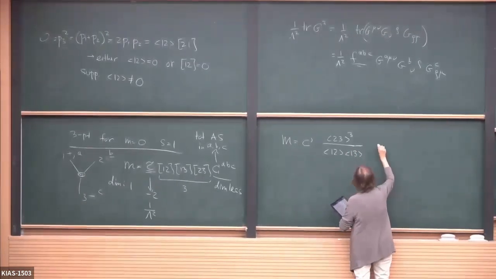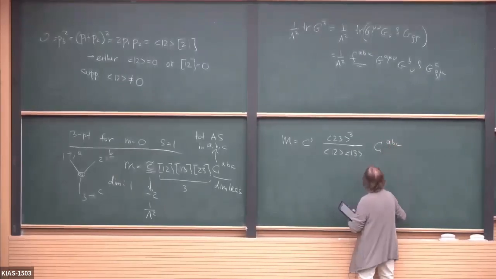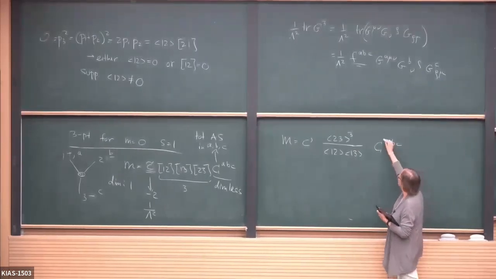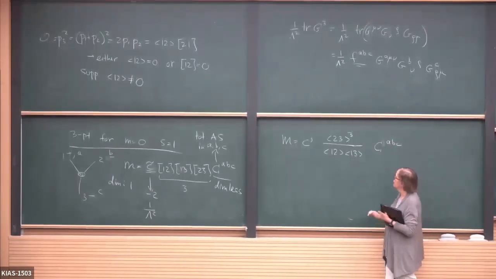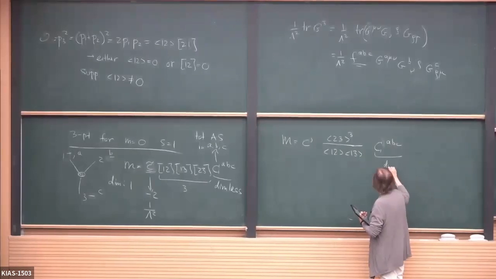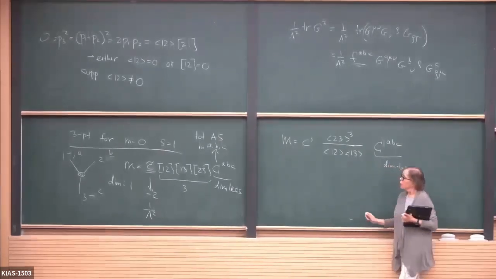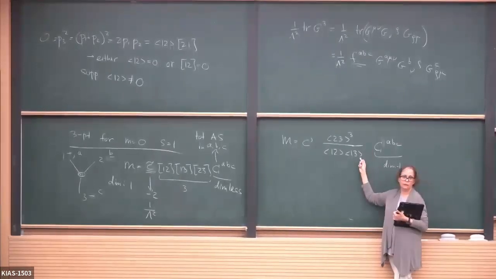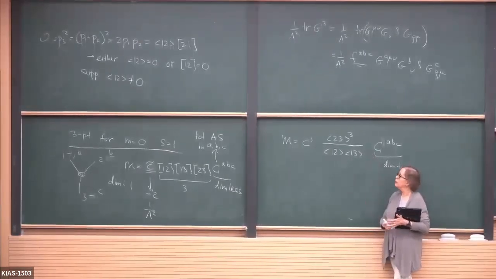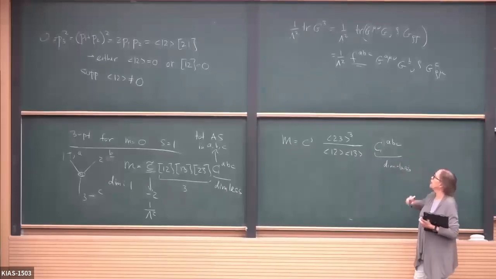Let me call this again C^{ABC}, although in principle I could have called it with a prime, but never mind that. So again, this is dimensionless. And whether it's angles or squares is dictated by the rule that we had above.